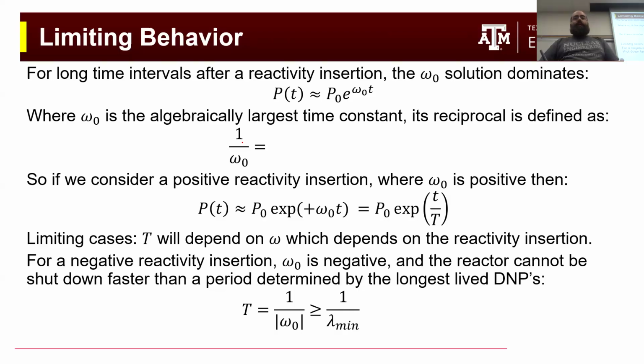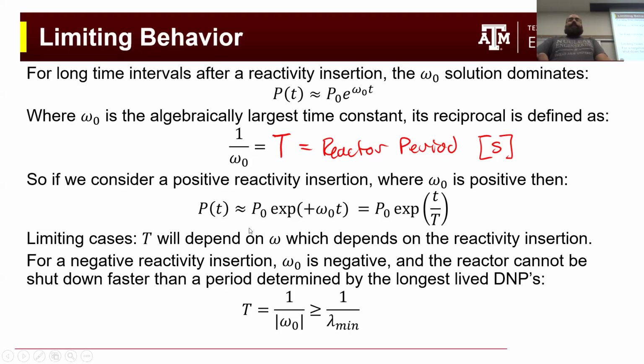If omega zero has units of inverse time, then the reciprocal is just regular time, right? So we can call this big T, and that big T is the reactor period. Like Ravi just said, it's going to have units of seconds if omega zero is inverse seconds.